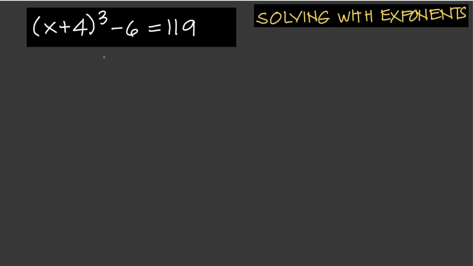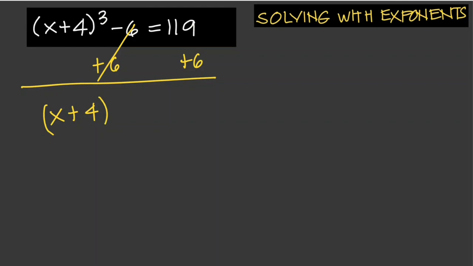We just have to add 6 to both sides to eliminate the 6 on the left. So we are left with x plus 4 cubed, and 119 plus 6 is 125.